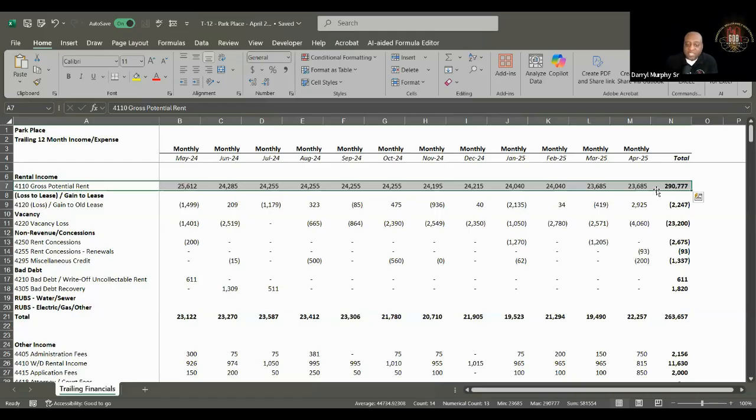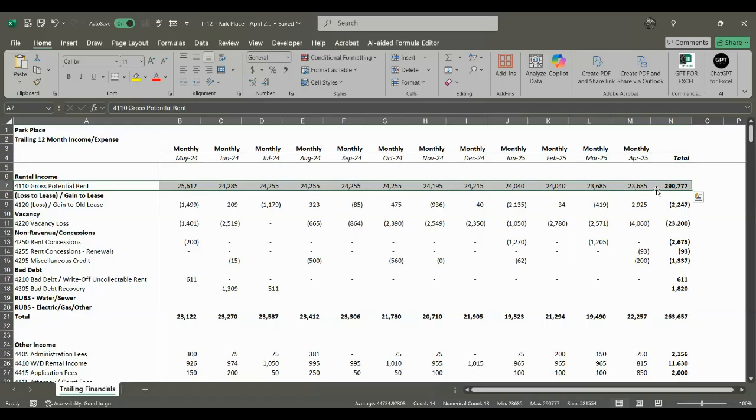That's a good catch. It's slowly decreasing. So what questions would you ask the broker? Is everybody paying their rent?